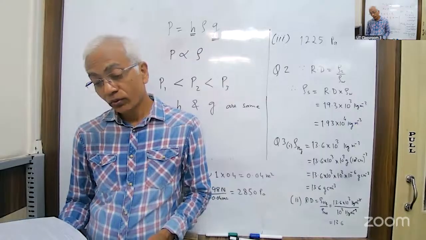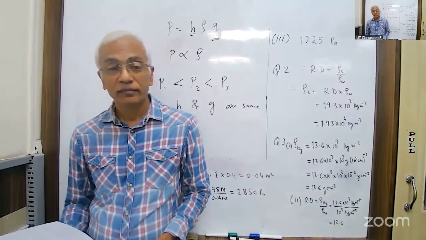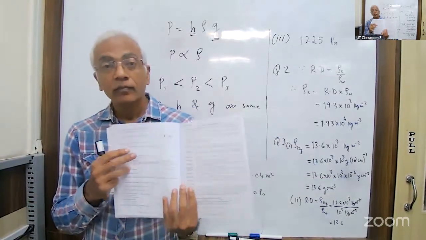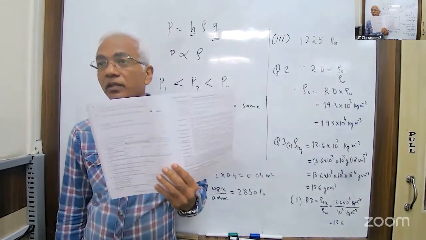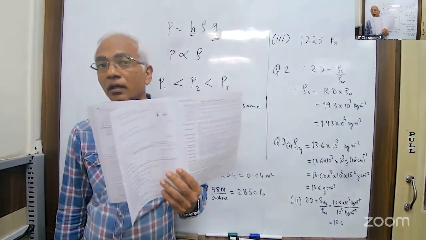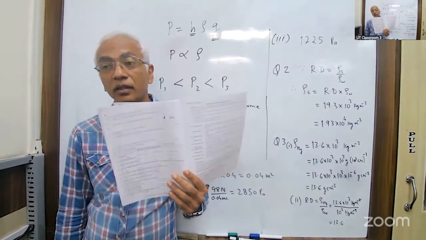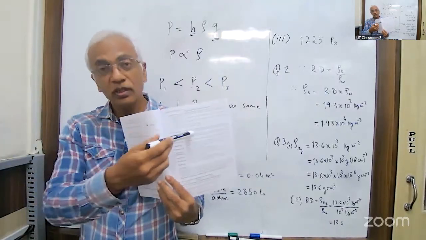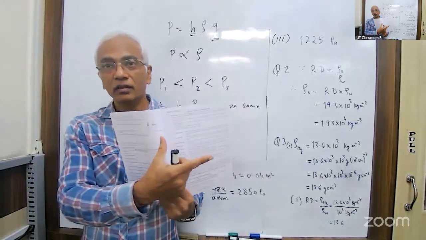Can you do this question? Question 15. What is shown in 15 is a hydraulic lift. What is it? Hydraulic lift means there are two cylinders, one cylinder is thin, the other is thicker, wider.